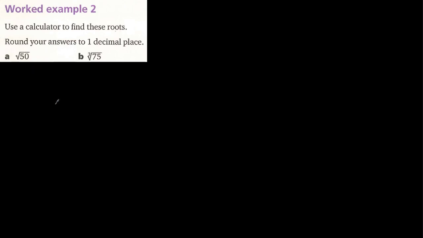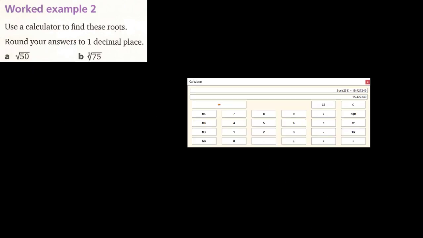With this calculator I can only find the square root here, so I'm going to use only the square root, and I'm going to find the square root of 50. The square root of 50 is going to be equal to 7.07. It says only one decimal place, so 7.1 is the answer.